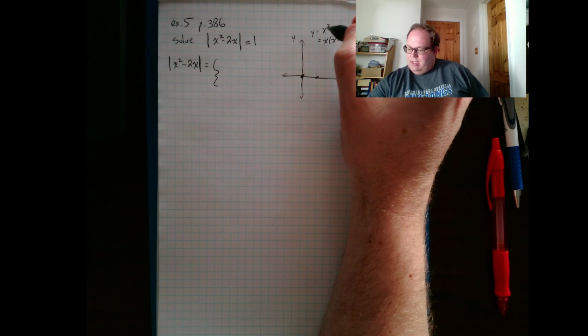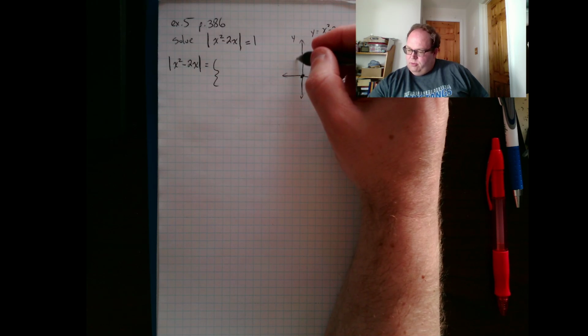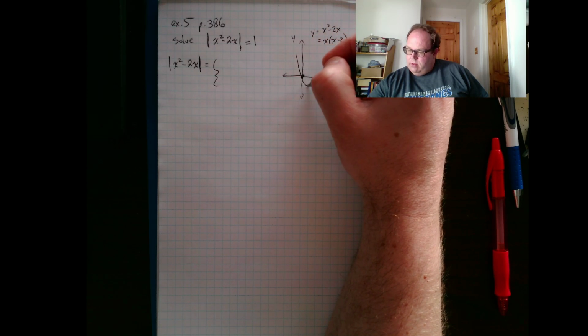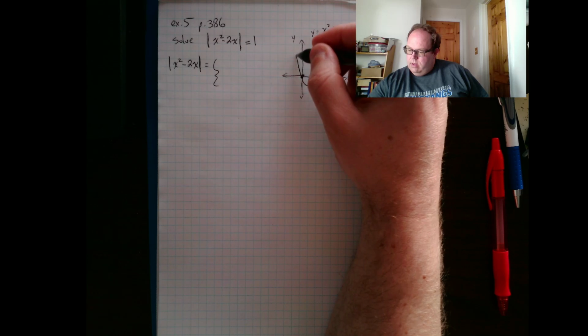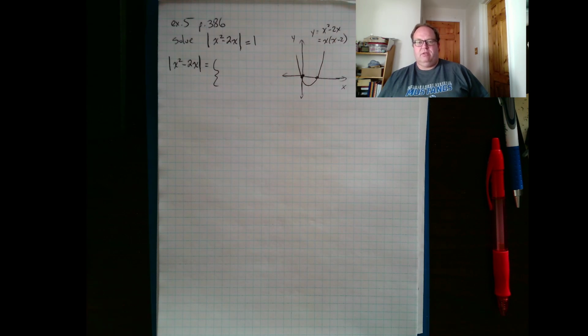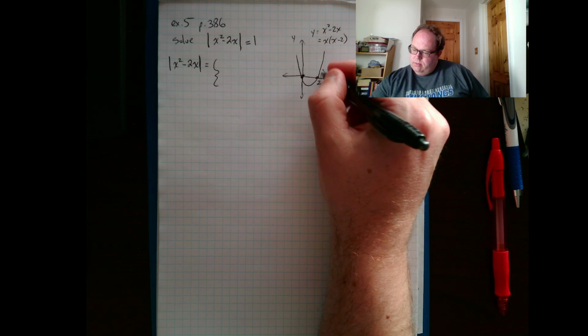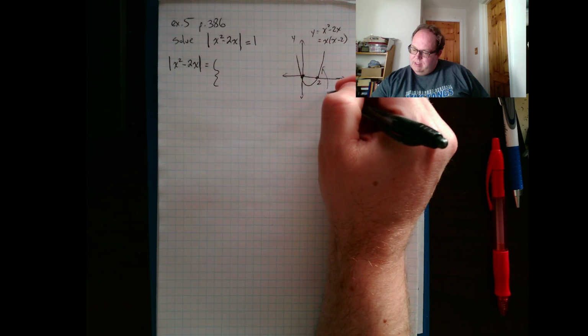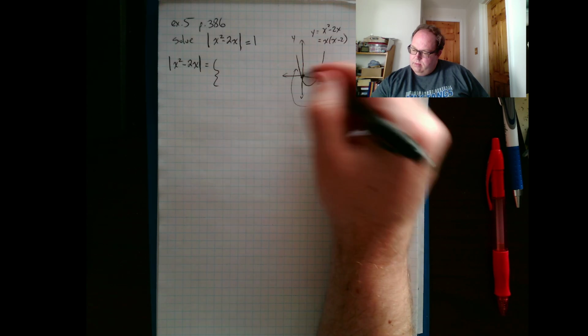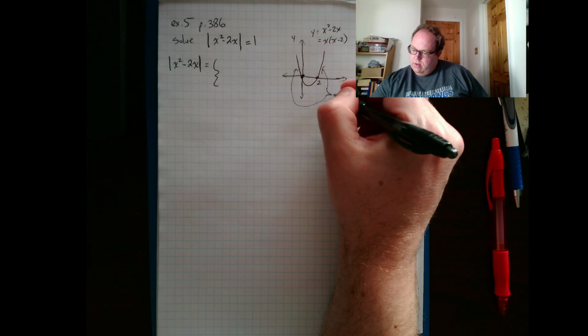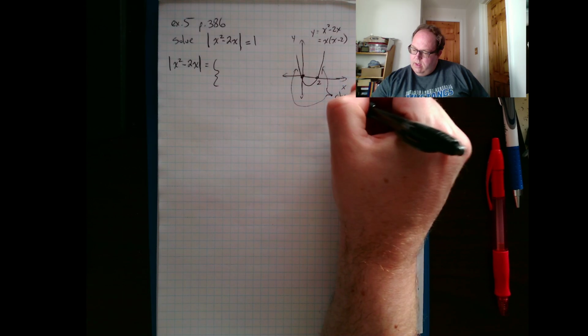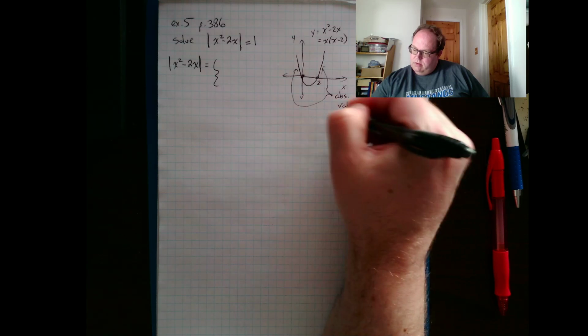The fact that it's a positive x squared means it opens upwards. And I can think about where my absolute value sign is going to make a difference and where it's not going to make a difference. For y values greater than 2 and less than 0, absolute value makes no difference.